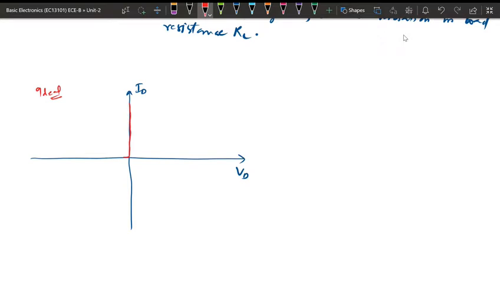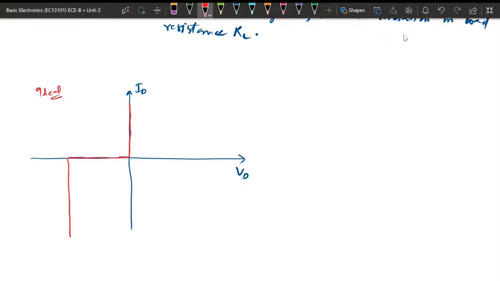In the reverse bias, once we apply a voltage that is less than 0 volts, it will be in reverse bias, and there will be a voltage called breakdown voltage at which the Zener diode will turn on. That means once it is turned on in breakdown region, it will have a sudden current in the reverse region.